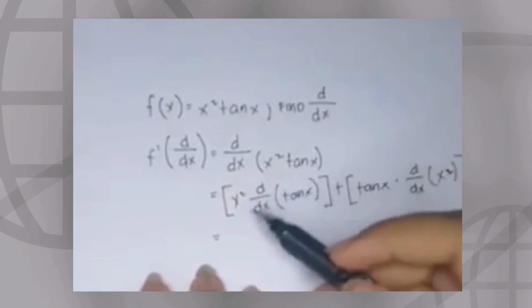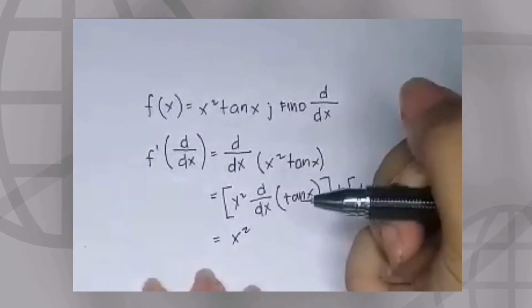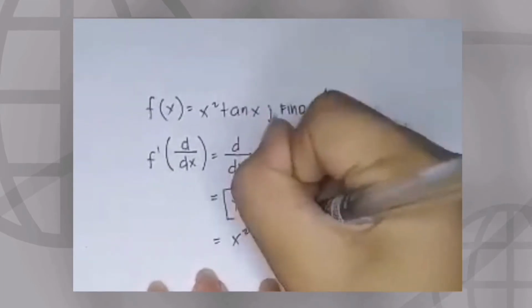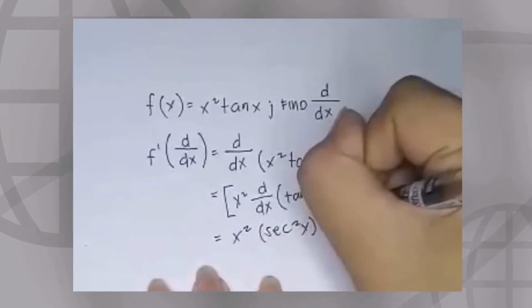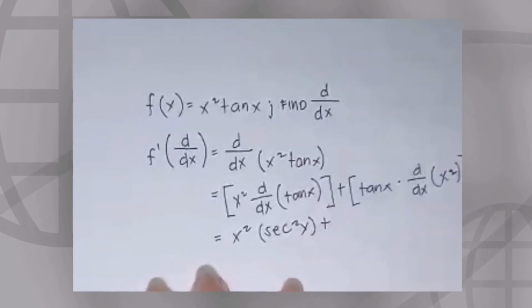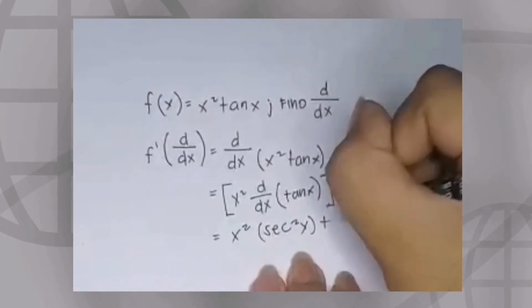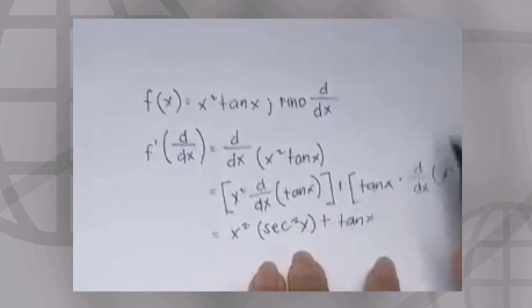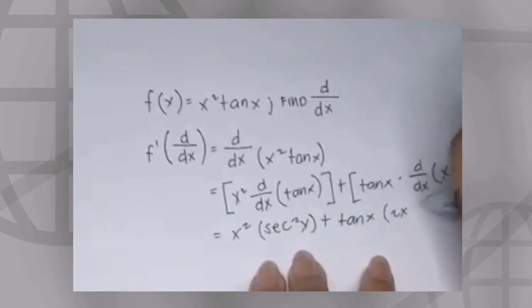Now we need to bring down the x squared, and the derivative of tan x is secant squared x. And just copy the tan x, and the derivative of x squared is equal to 2x.